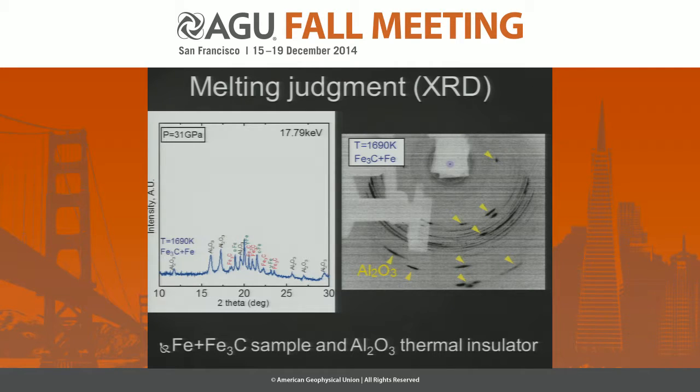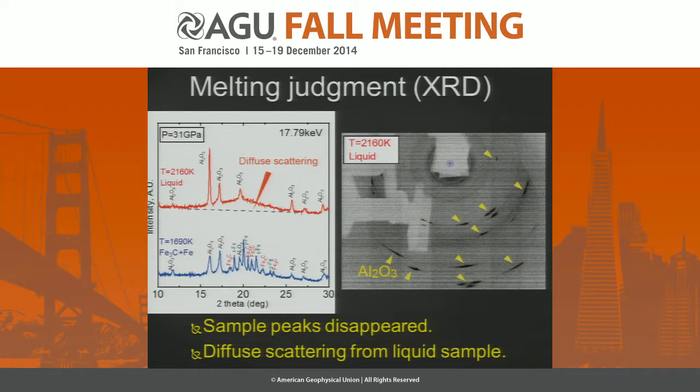So first I show the XRD diffraction patterns. The left one is one-dimensional, and the right one is two-dimensional. You can see the iron and the Fe-4wt%C, our sample, together with the insulator material aluminum oxide peaks. At higher temperature, at 31 GPa and 2160 Kelvin, we cannot see any sample peaks, only the sapphire insulator peaks.